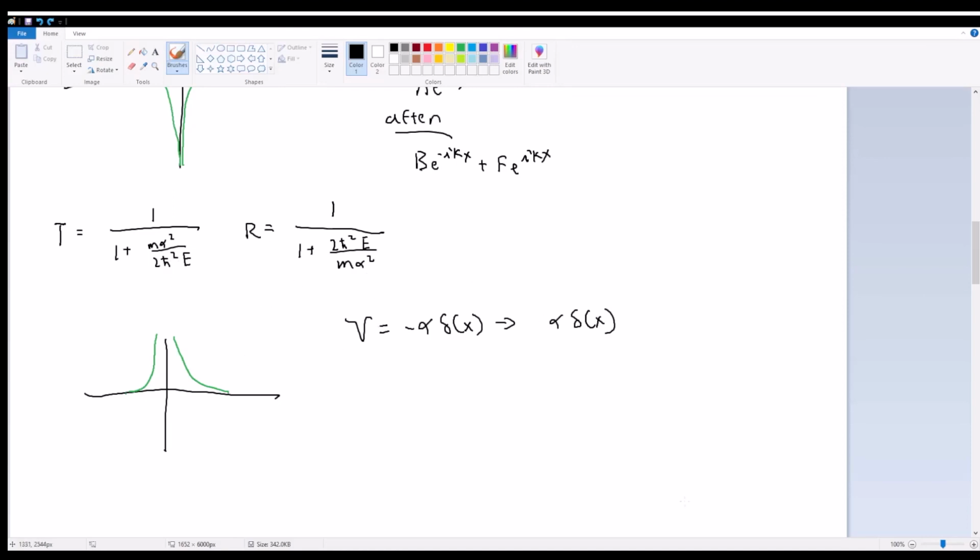There's not enough difference between a delta well and a delta barrier to be worth solving the whole thing all over again. Ultimately, the most important things, the transmission and reflection coefficients, are unchanged, and everything else is trivial as well. There are just some trivial sign changes here and there, but the results are still the same. So this is really just something that we can note in passing.